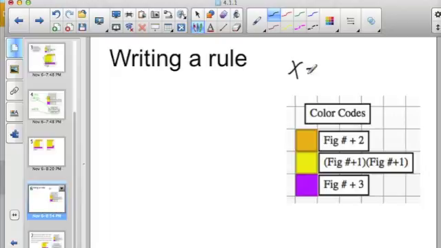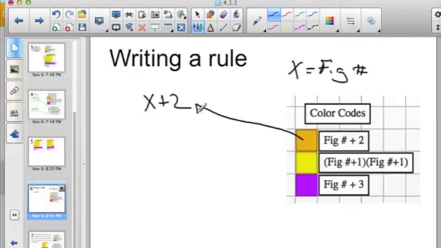If x equals the figure number, then right here where it says figure number plus 2, that's how I have x plus 2, because x equals the figure number. And we know this one is easy, figure number plus 3. It's x plus 3, because I just cross this off and I put x.